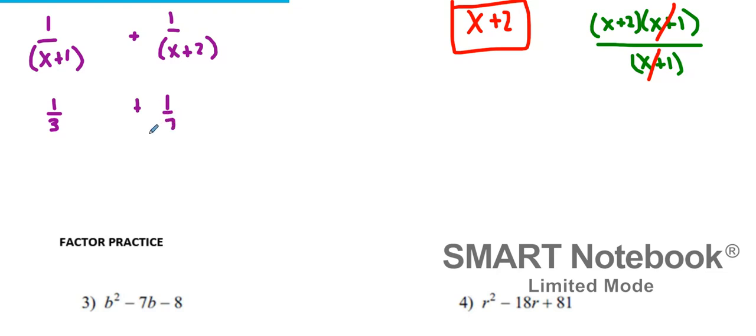The common denominator in this one is 21, 7 times 3. Our common denominator in this problem is x plus 1 times x plus 2. So for this one, I'm going to multiply by 7 over 7 to get 7 over 21. This one, I'm going to multiply by x plus 2 over x plus 2.